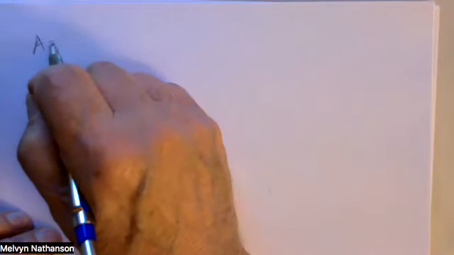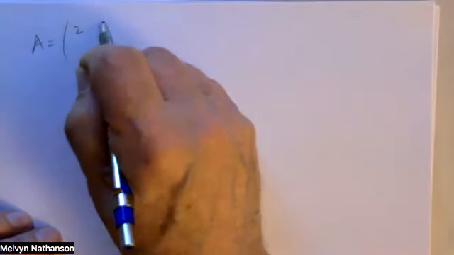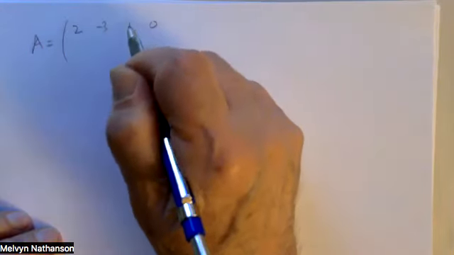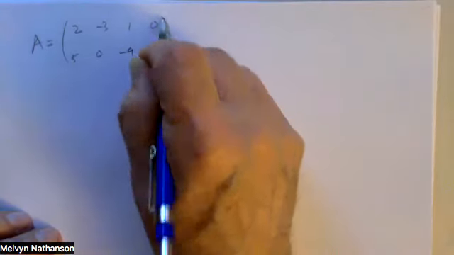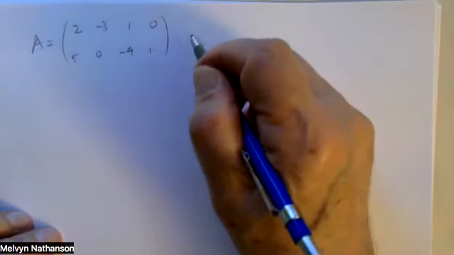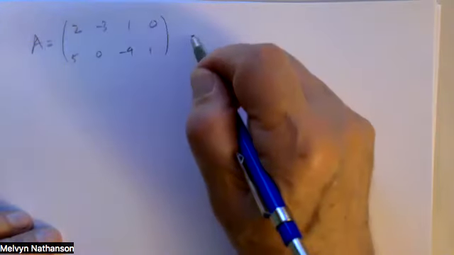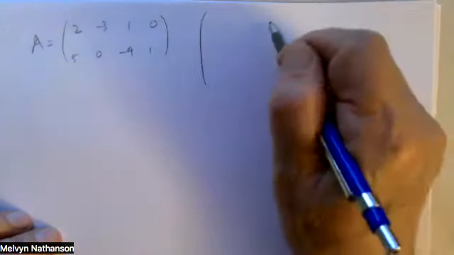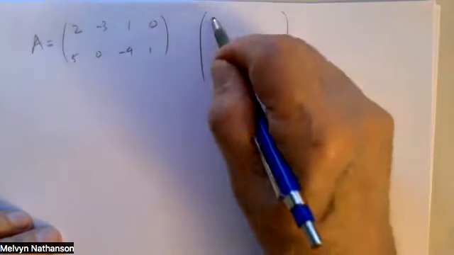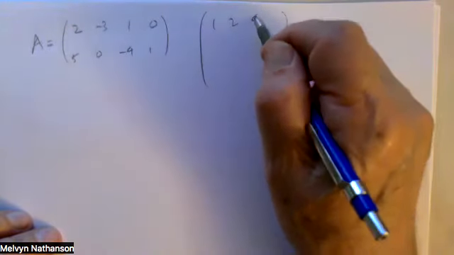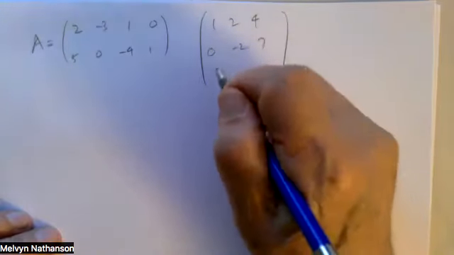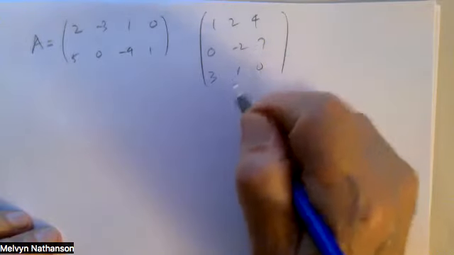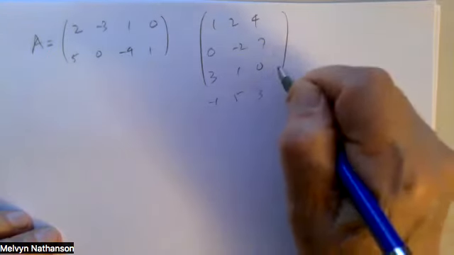So suppose we have A is the matrix 2, minus 3, 1, 0, 5, 0, minus 4, 1. And B is the matrix 1, 2, 4, 0, minus 2, 7, 3, 1, 0, minus 1, 5, 3.